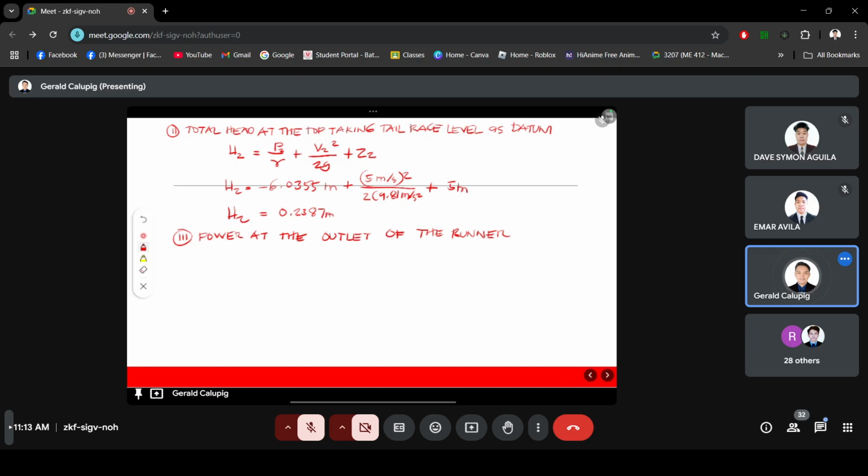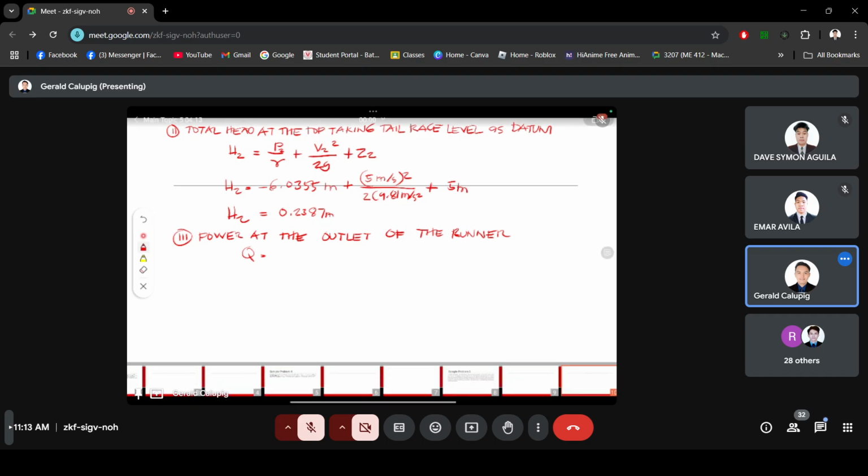P is equal to specific weight times Q times H. But yet we don't have the Q pa. Okay, so we are going to get first the Q here, no? So our Q here is equal to what?